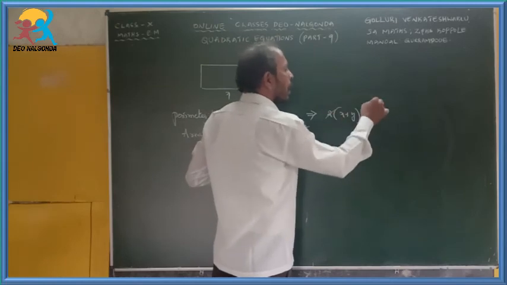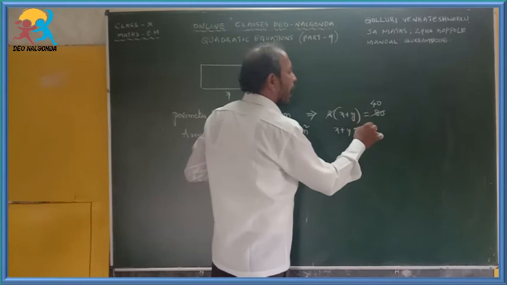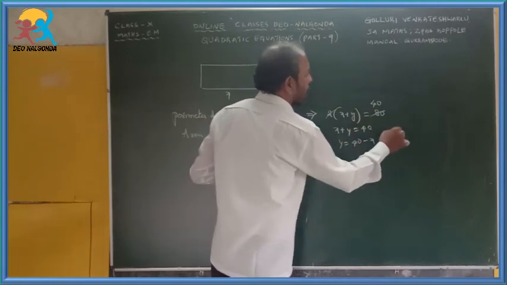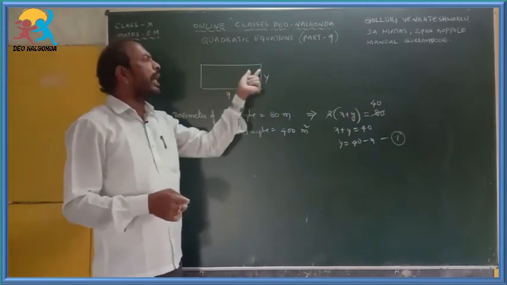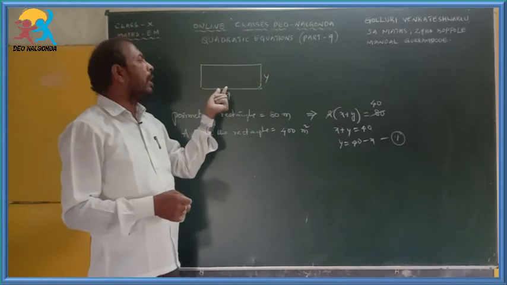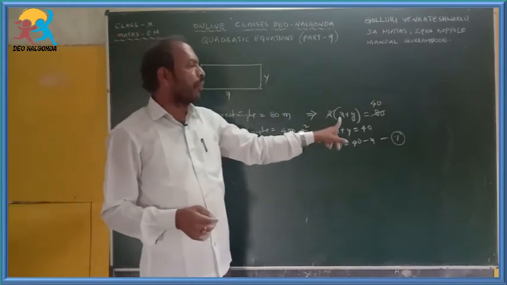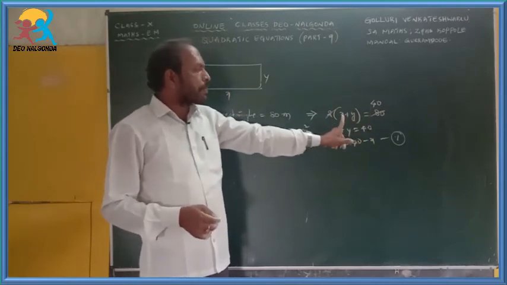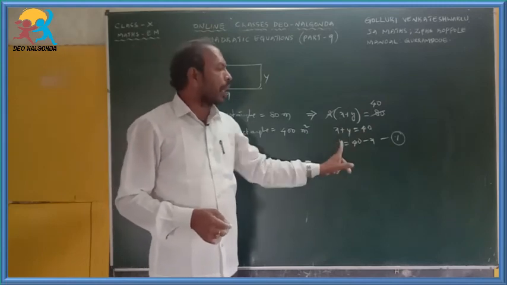So x plus y is 40, whereas y is equal to 40 minus x. Here it is the first condition. Dividing by 2 on both sides, x plus y is equal to 40, eliminating one variable, y is equal to 40 minus x.